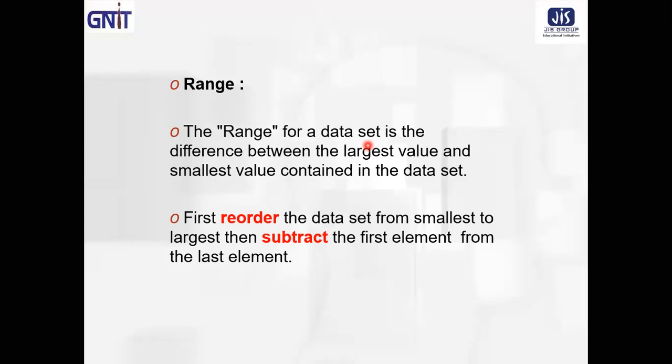The first one is it should be rigidly defined. The second one is it should be based on all the observations. It should be easy to understand and calculate. The next point is it should have sampling stability and it should be capable of further algebraic treatment. And it should not be unduly affected by extreme observations.